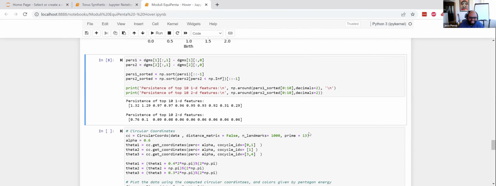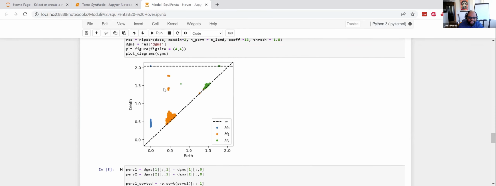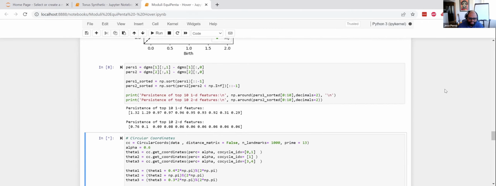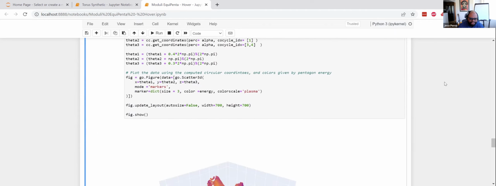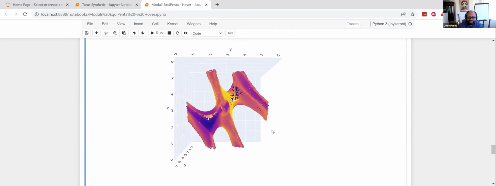Okay. So what we're going to do is, again, use these classes that we have computed to build circular coordinates from the space of pentagons to the circle. So that is happening, and it already happened. So this is the picture that emerges, right?